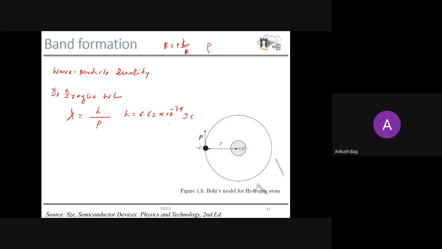Now the question is, when will a particle behave as a wave? Is it true for all particles? Either you are now seeing this on your mobile screen, laptop or desktop. Can they be treated as a wave? Let's say we throw this laptop or mobile.